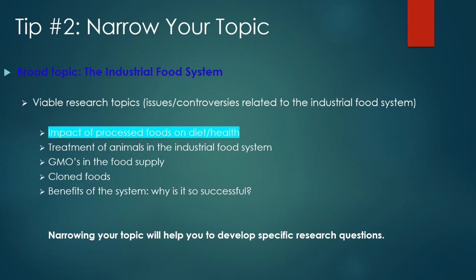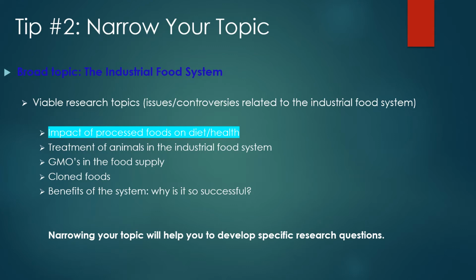So if I type in processed foods or industrial food system, I got a list of hundreds and hundreds of topics related to it. And so I just wrote a few down and notice some of these are kind of surprising, like cloned foods. Oh, I never would have thought of that, but that's actually one of the major controversies related to the topic. GMOs in the food supply, another one that's related to the topic but doesn't use the same language.